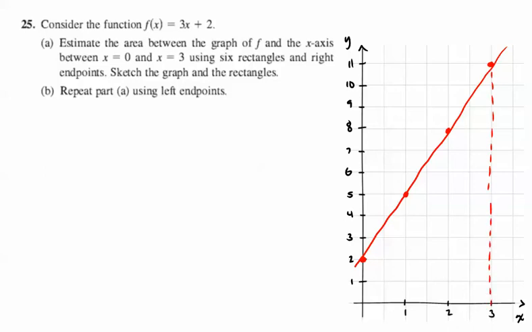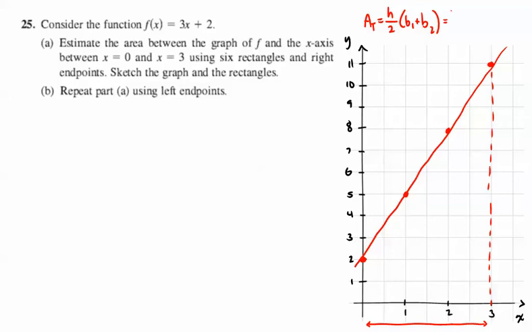And we could actually calculate that area using the trapezoidal approximation. The area of a trapezoid is the height over 2 times the sum of the bases. In this case, the height is the perpendicular distance between the pair of parallel bases, and that's going to run from 0 to 3.